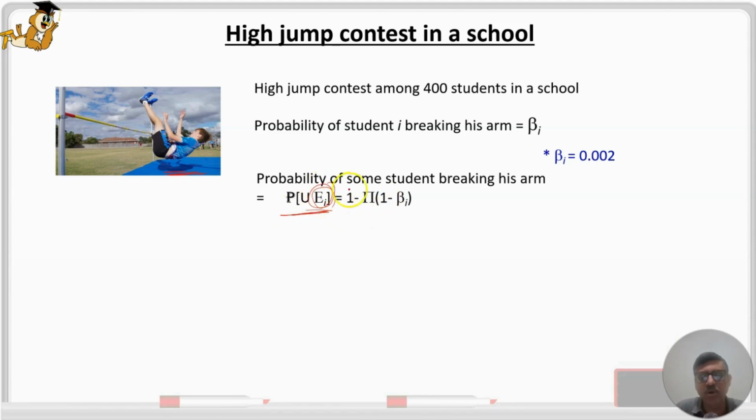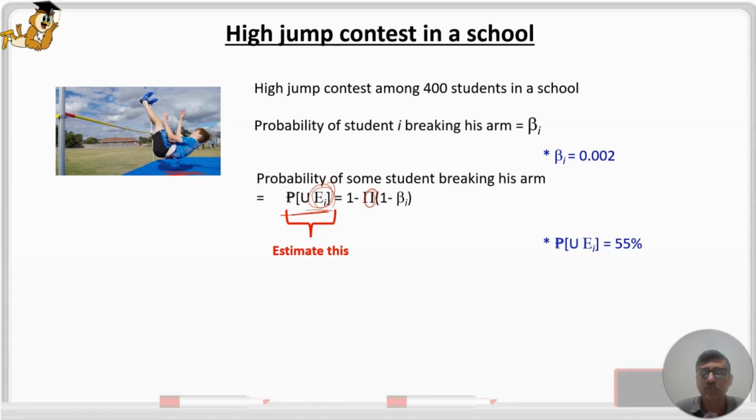And this, as you know, the probability of some student breaking his arm is 1 minus the probability that no student breaks his arm, and this is a multiplication of multiple terms. And if you evaluated this, you get the answer 55%.